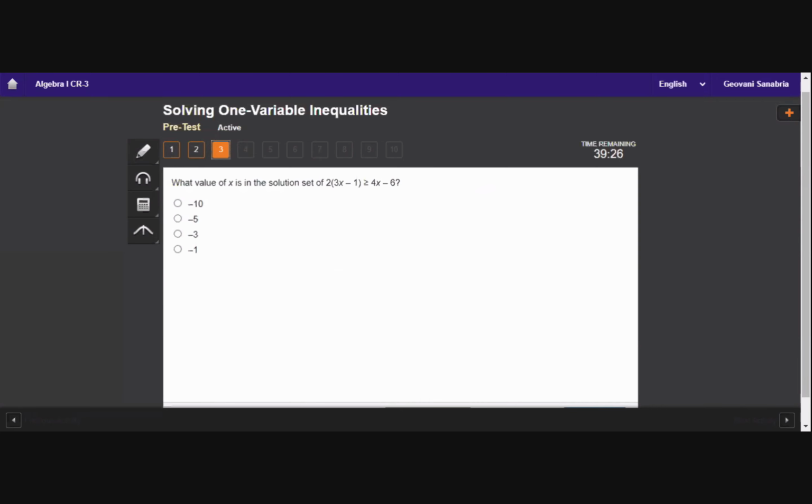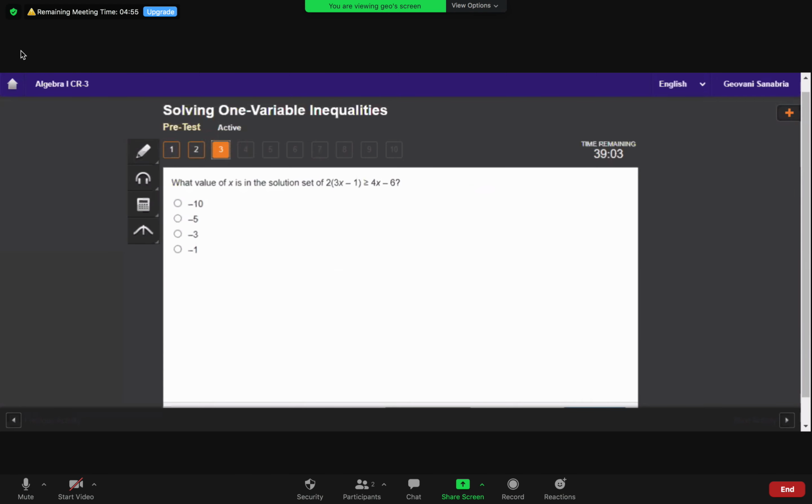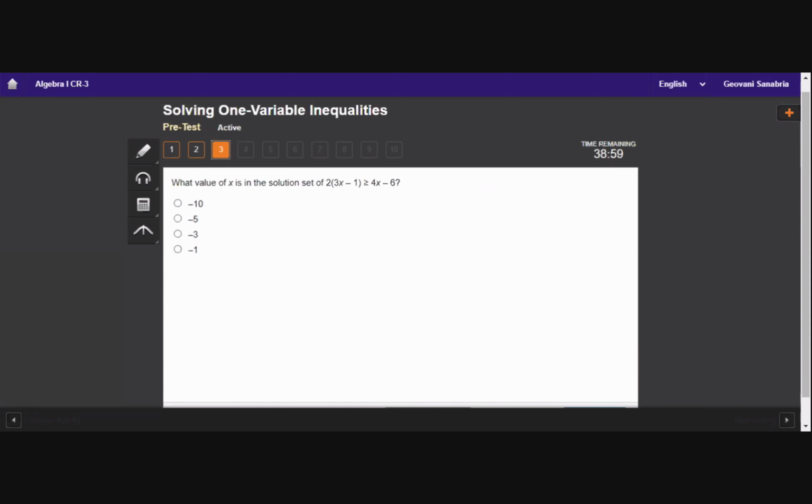You already went from the left side to the right side, so now you've got to deal with that negative 6. So that'd be 4. Yeah. 4 is greater than negative 2x. Now I have to get the x alone, right?